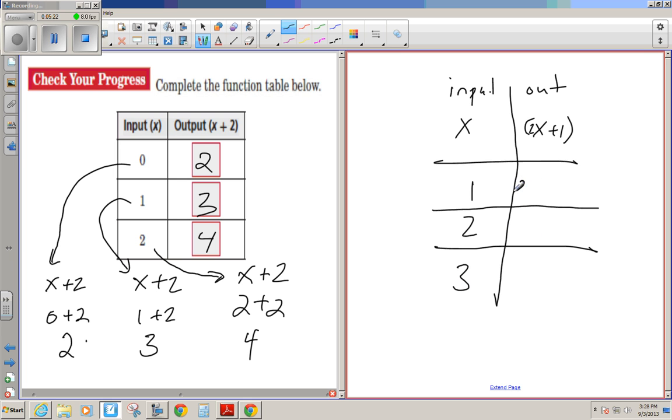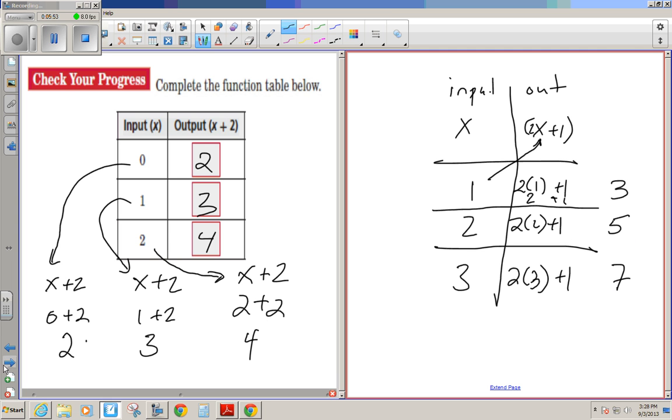So we've got 2 times 1 plus 1. I plugged 1 in for x. That's 2 plus 1, or 3. 2 times 2 plus 1. That's 4 plus 1. 2 times 3 plus 1. That's 6 plus 1. So you can see now that it is increasing by 2 each time.